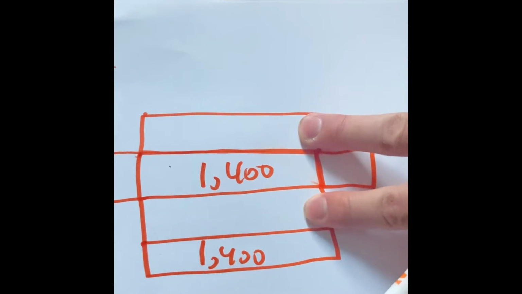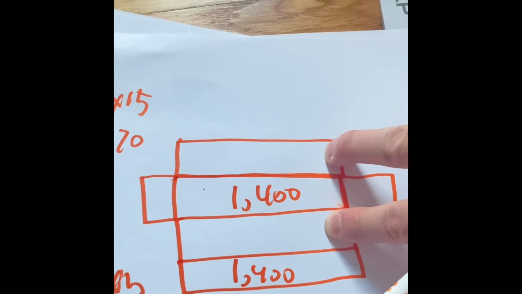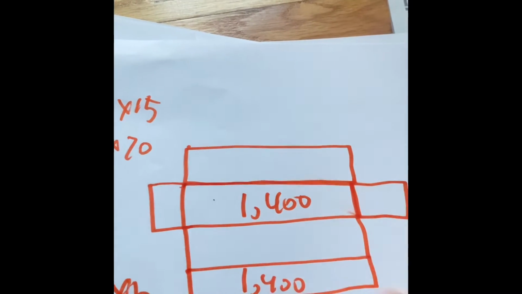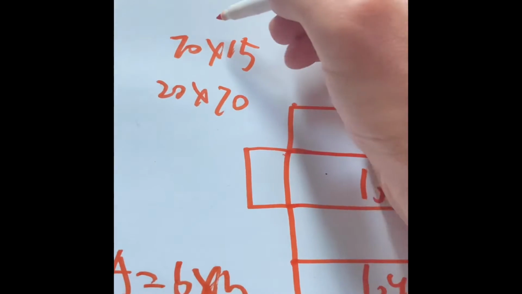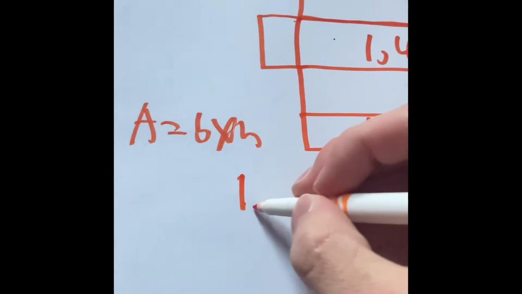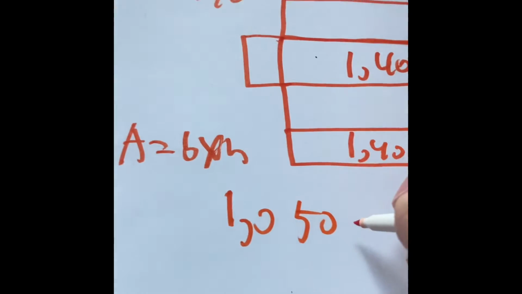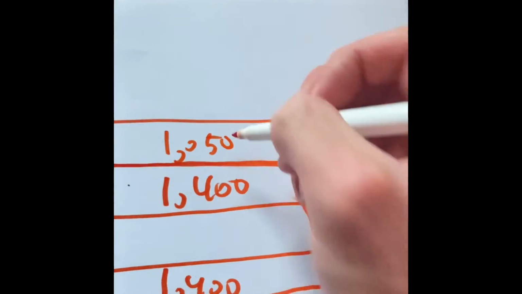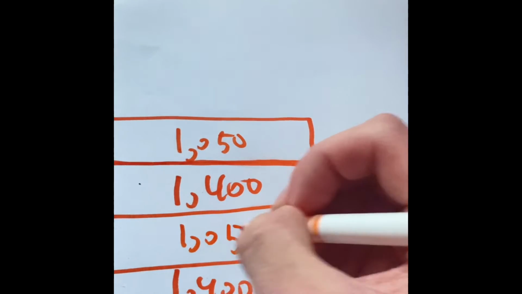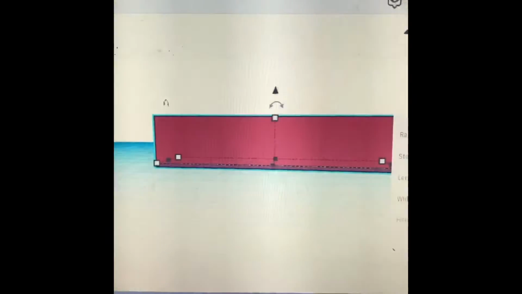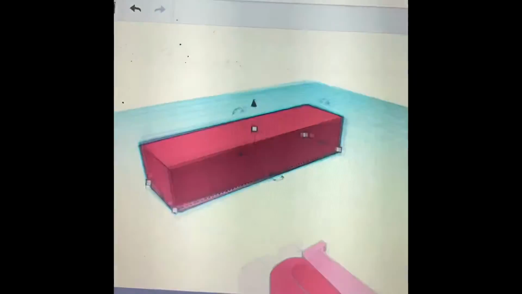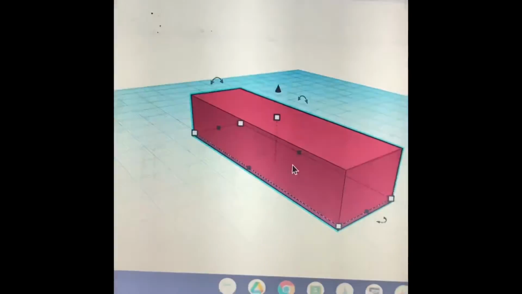So these two are going to be totally different, and not all rectangular prisms have every side equal. When we do 70 multiplied by 15, we get 1,050 millimeters squared. We put 1,050 here, and also 1,050 over here, because these two are the same, the front and the back view.